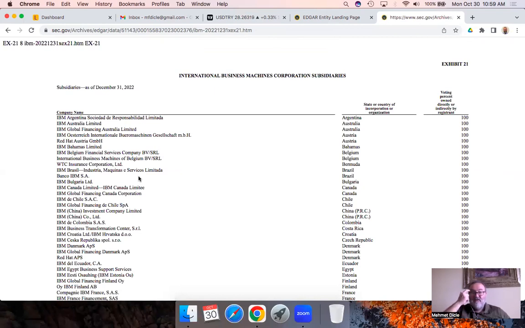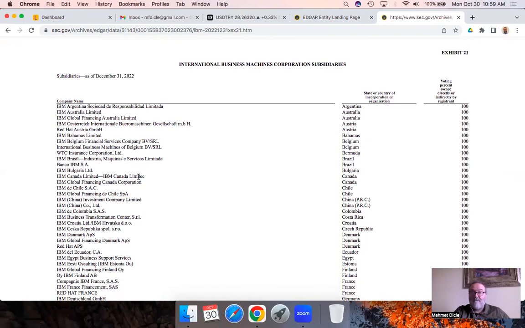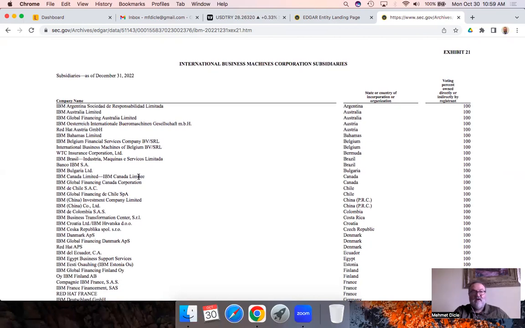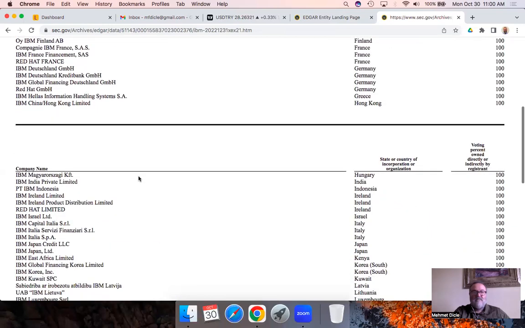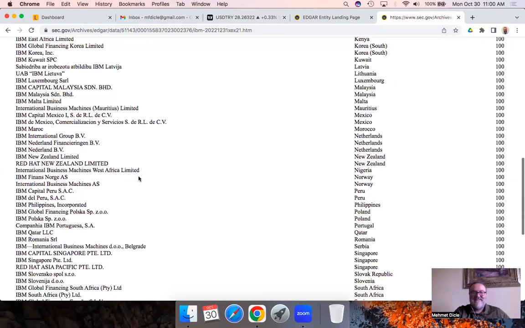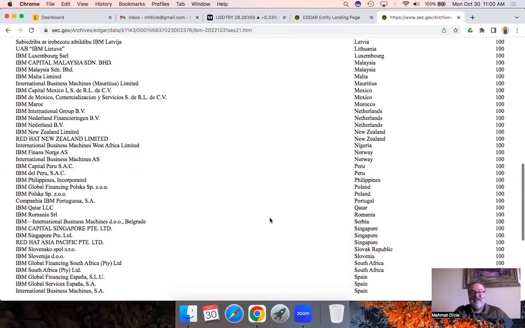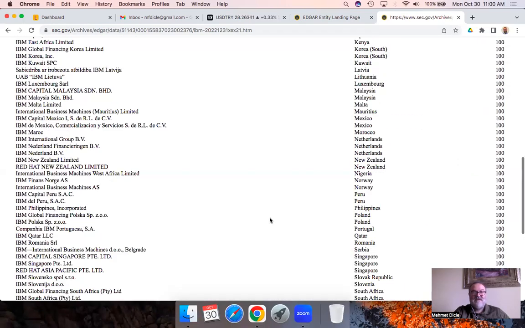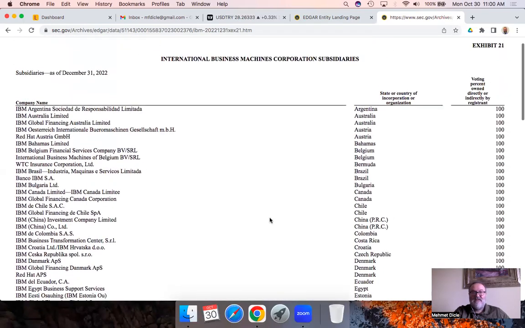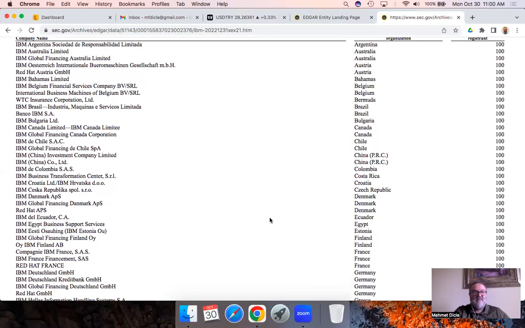These are the subsidiaries of IBM. And like I said, they are notorious for having this many subsidiaries. In some countries, they have multiple. And it's really interesting. I always pick on IBM for the subsidiary discussion because I don't think I have seen any other company that has this many subsidiaries internationally.